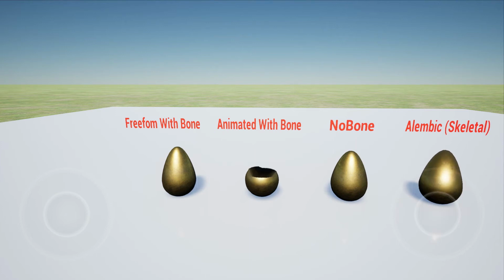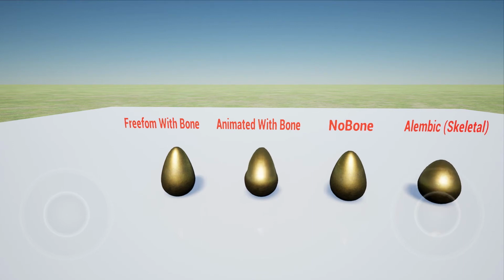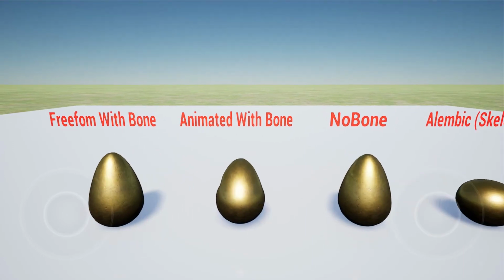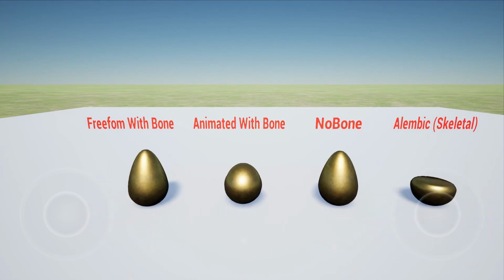So based on the list of vertex weights that are skinned on the skeletal mesh, I'm going to drive the movement, the transformation of the vertices.